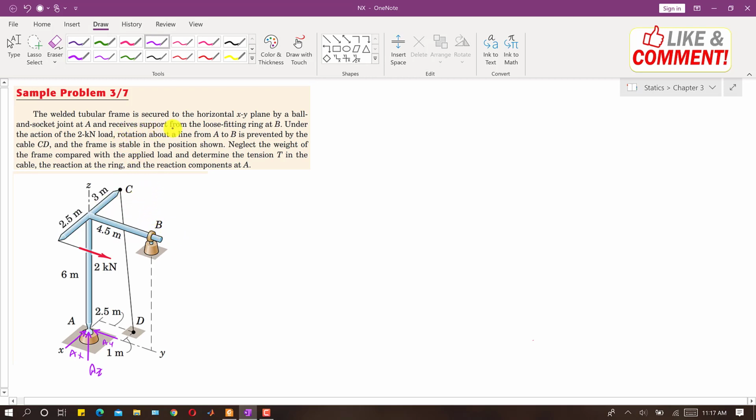Similarly, this frame is secured at point B. It is said that it receives support from a loose fitting ring at B. This means that this part of the tubular frame can move both ways, in this direction and this direction.